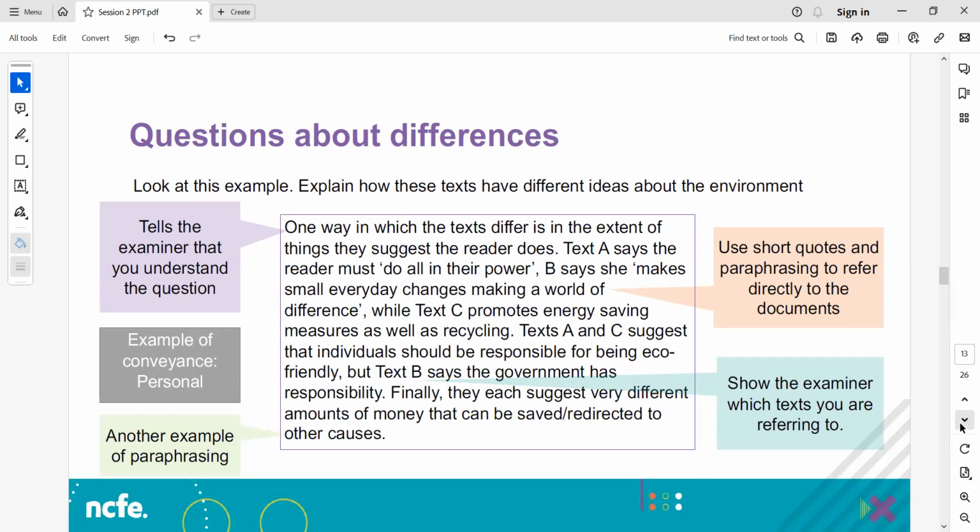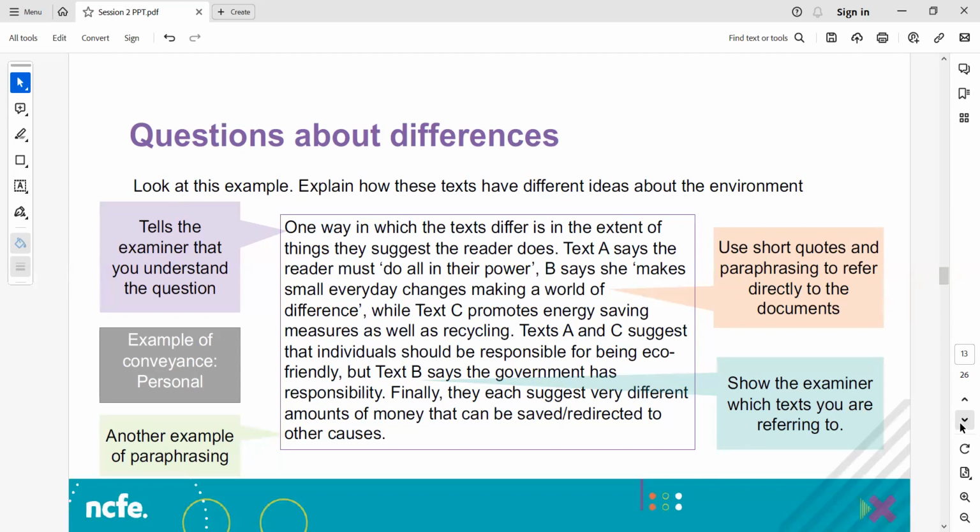So again, we can see there that the person who's written this answer has used text A, B, text C. They've used the name of the text, the given name of the text, so the examiner knows which one they're referring to. And they've referred to the personal conveyance in the text as well.